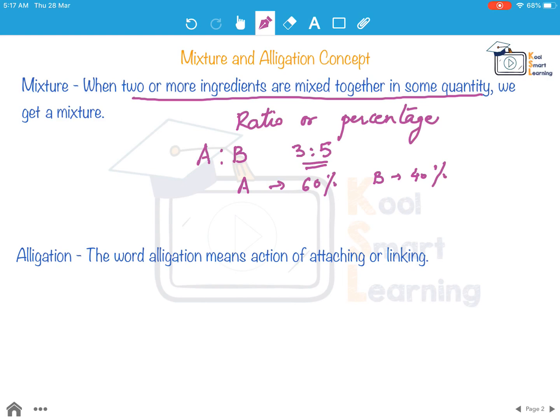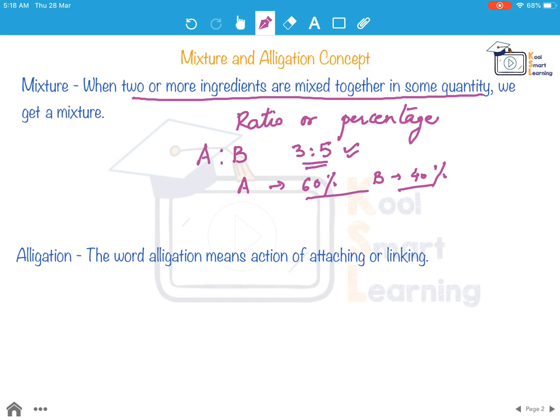Obviously I have not used 3:5 in these percentage terms, but I am just saying that we can either express the quantity of the two or more ingredients as a ratio, or we can express that in percentage.